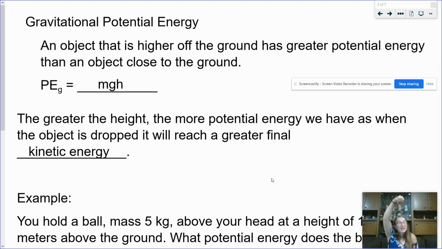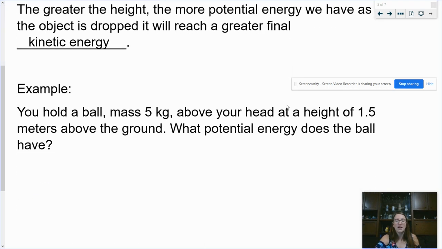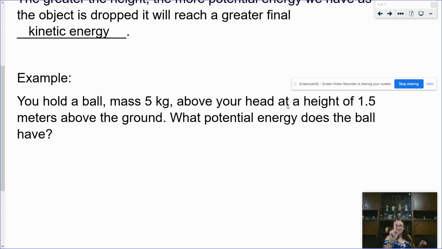The higher I bring an object up, the more potential it has to hurt you because it's going to have a greater kinetic energy when it does hit you. So again, gravitational potential energy is just mass times gravity times the height. The greater the height, the greater potential to have a high kinetic energy and a lot of work done.